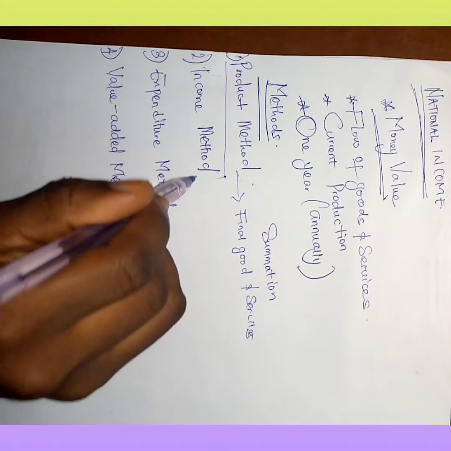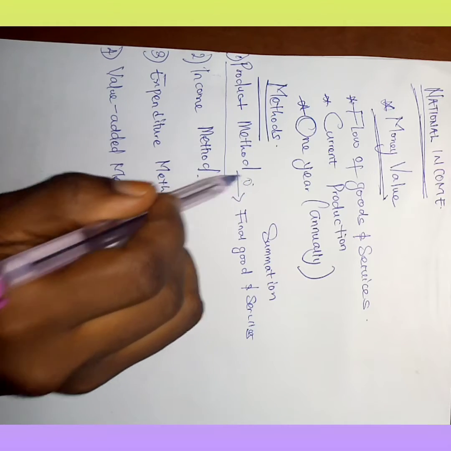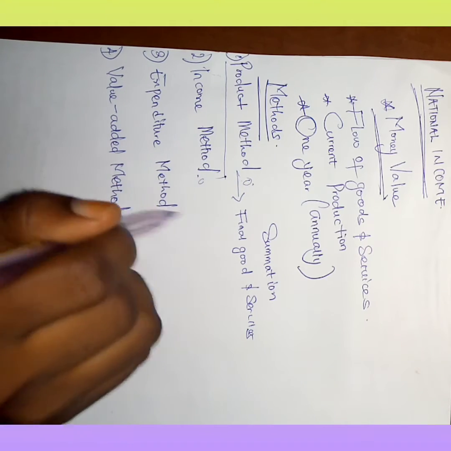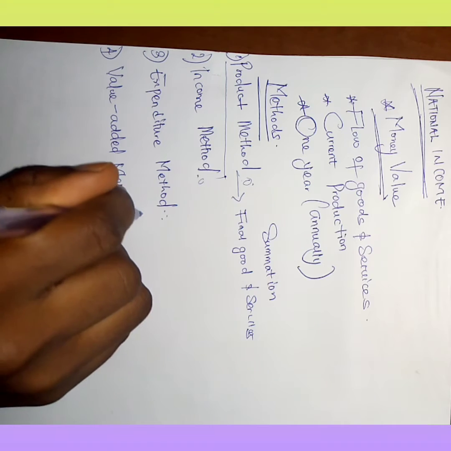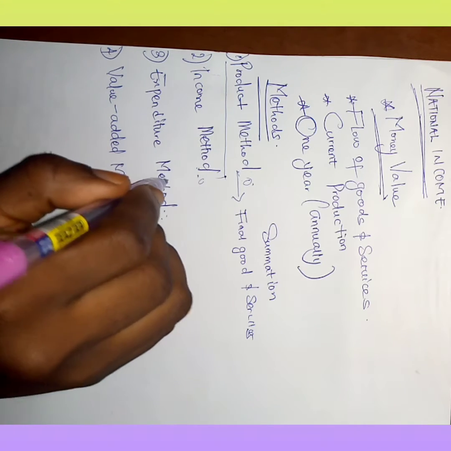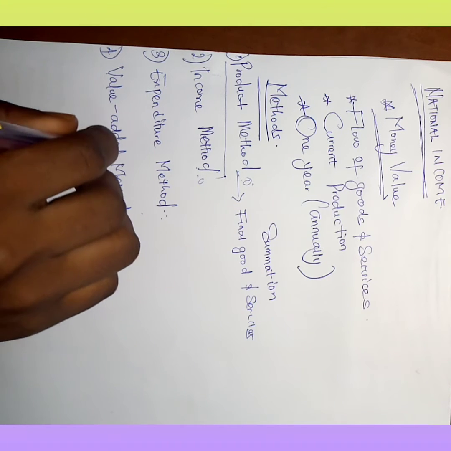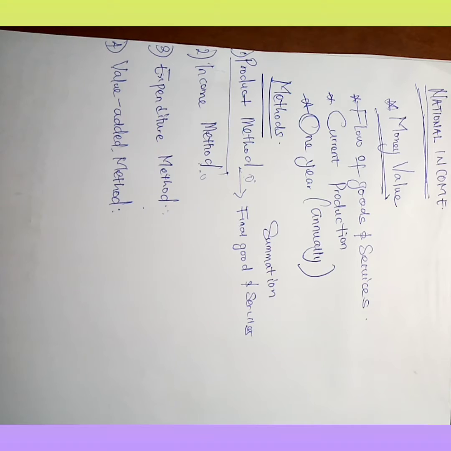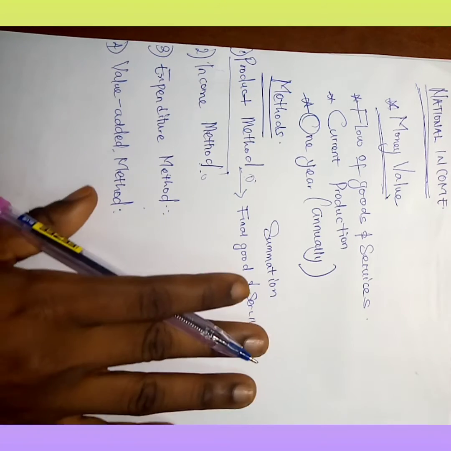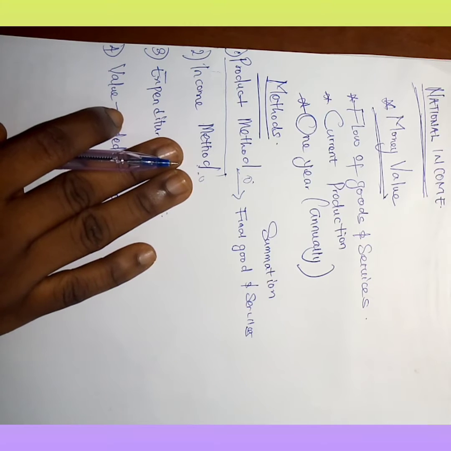And before I proceed to the next method, we need to know that using any of these methods will give us the same value of national income. Either you use the product method, the income method, the expenditure method, or the value added method, you arrive at the same value. And okay, that being said, now we move on to the income method of measuring national income.